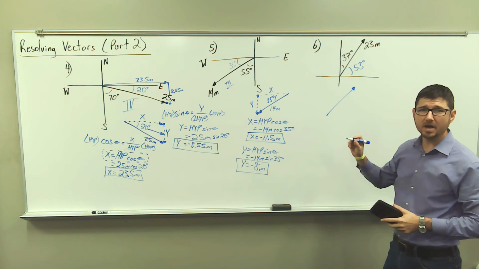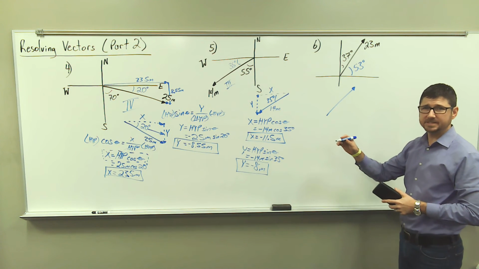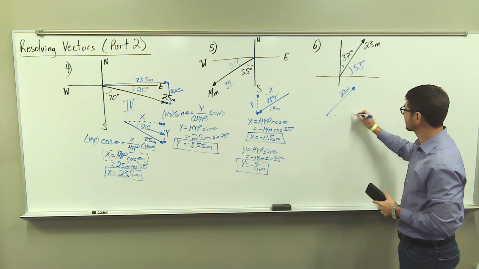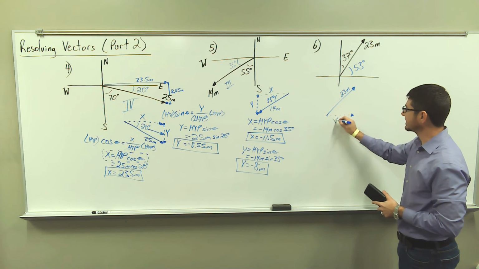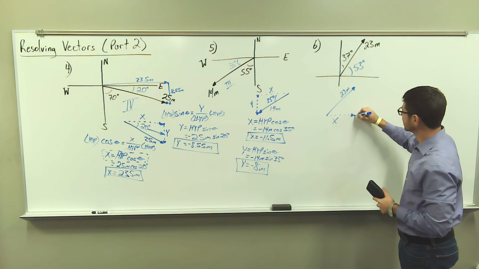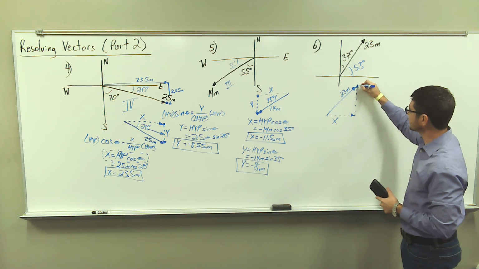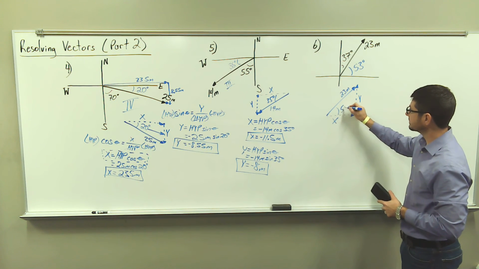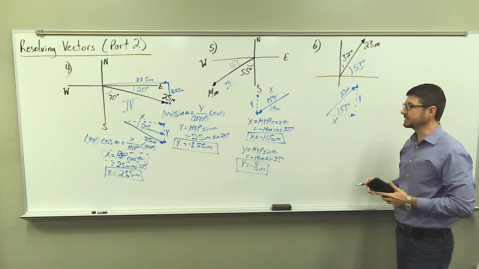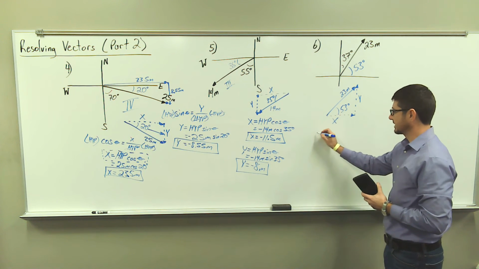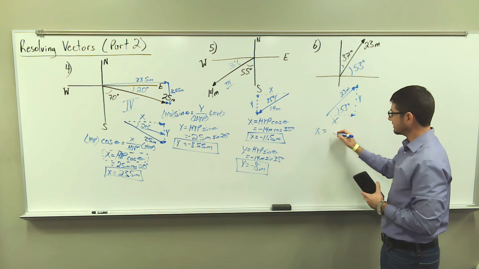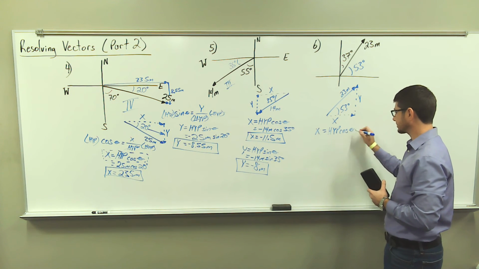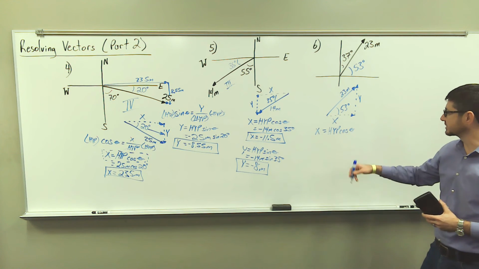The magnitude of our vector is 23 meters. We have an x component, and we have a y component. And our reference angle here is 53 degrees. So x component is equal to our hypotenuse times cosine of the angle theta, our reference angle.